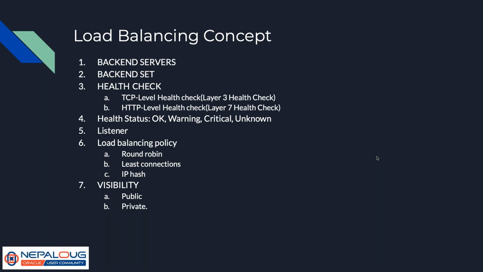And the second policy we have is least connections. In that case, the listener will determine which server is most free, which server does not have a huge number of requests, basically active sessions. The server with the least active sessions gets the request. And the last one is the IP hash.